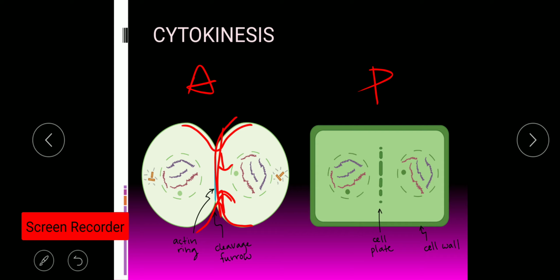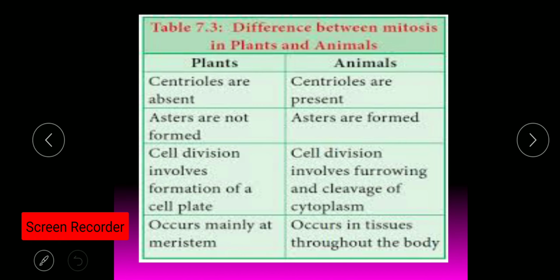Whereas in the plant cell, a cell plate is formed at the center of the cell and its formation moves towards the periphery. So this is the basic difference in cytokinesis of the plant cell and animal cell.